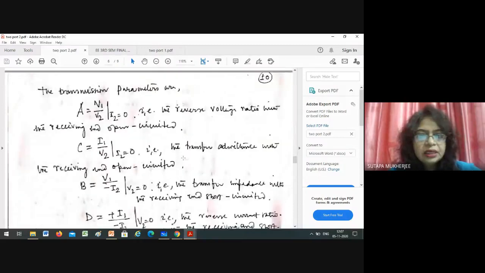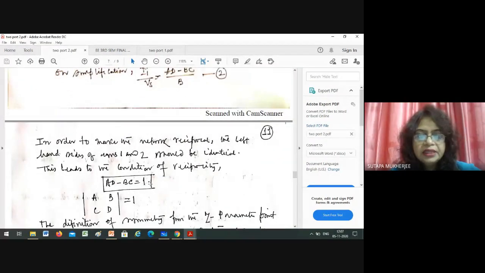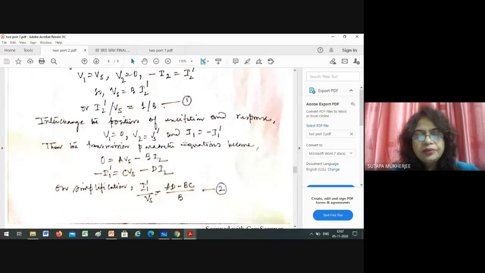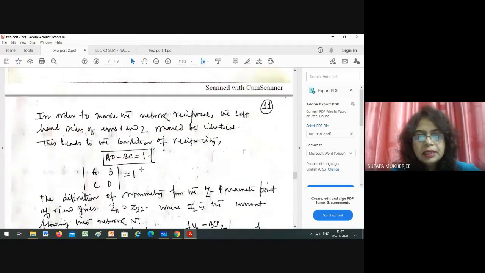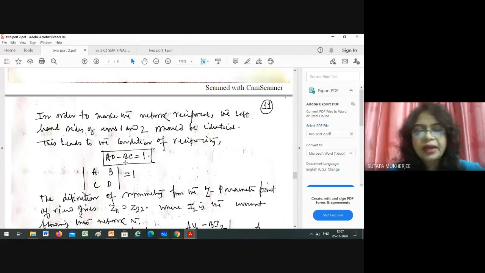So what is the condition for reciprocity here? AD minus BC equals 1. Just write down. You will go through the simplification and the proof of the conditions for reciprocity and symmetry. Then you will get the condition of reciprocity, AD minus BC equals 1.